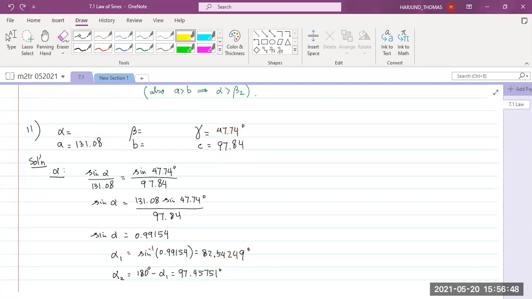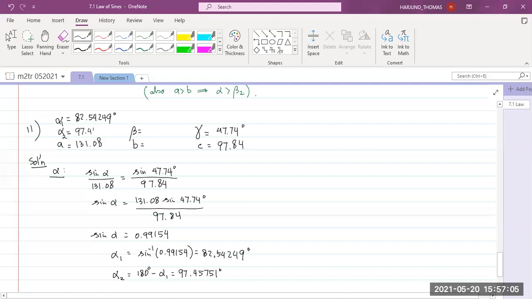So what do I write here, Thomas? Then I will write alpha 1 equals 82.54249 degrees, and alpha 2 is 97.45751 degrees. Now from there, I will look for beta 1, beta 2.